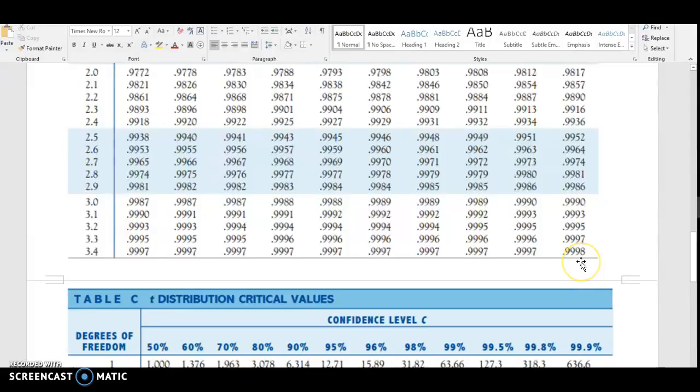The main point here is your p-value, which is the area in the tail, the area to the right in this case, would be 0.0002, and as we go up higher, it's just going to get less and less, 0.0001, and so on.